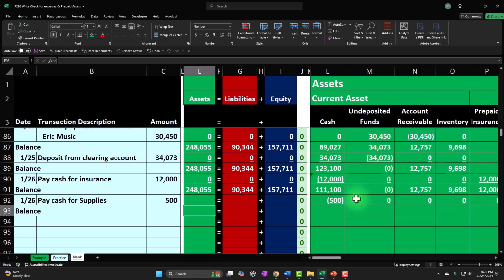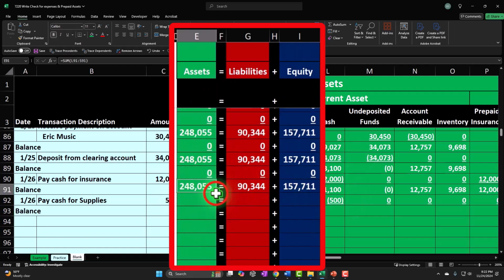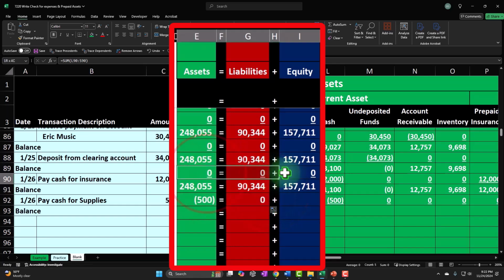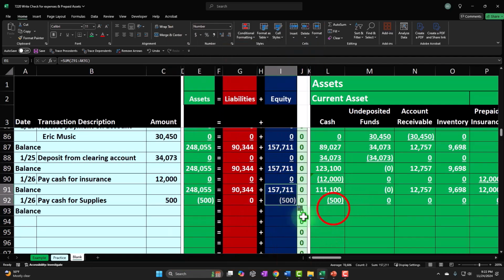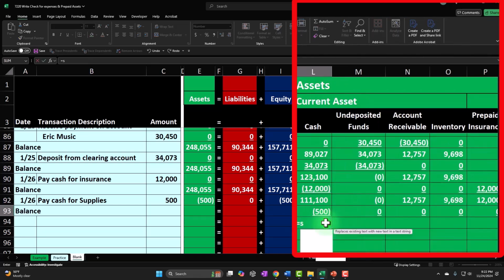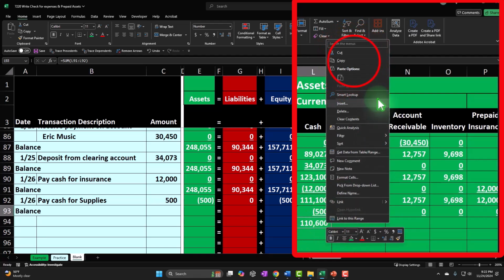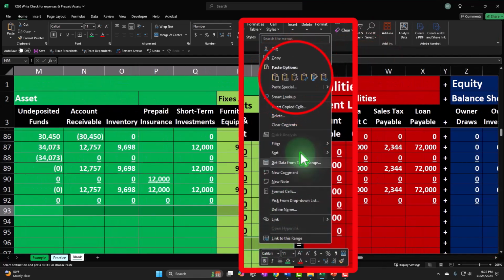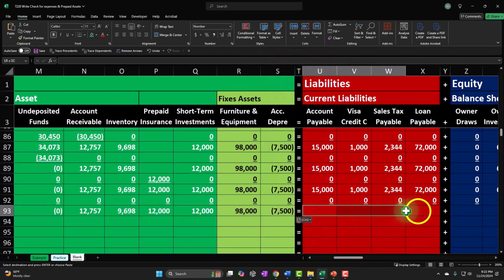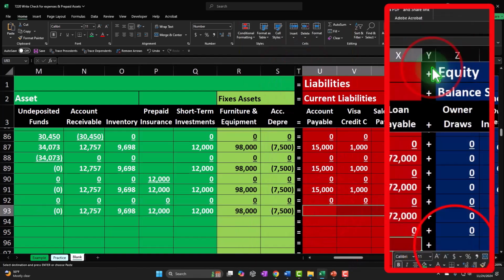Let's see if our transaction is in balance first, copying this down. So this time there was a change. There was no change up top because, of course, one asset went up, one asset went down. Here, cash went down, but the other side went to the equity. So equity went down. Bringing down the balance equals the sum, prior balance plus current activity. We're going to copy that and paste it across. Crossing the board again, across the board, across the board.